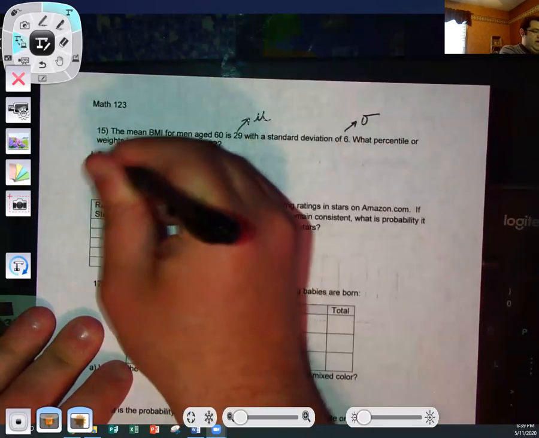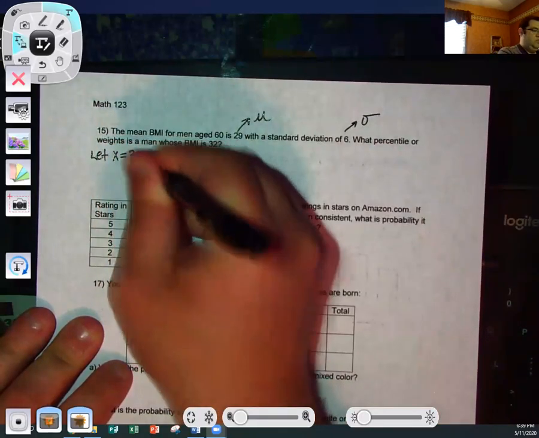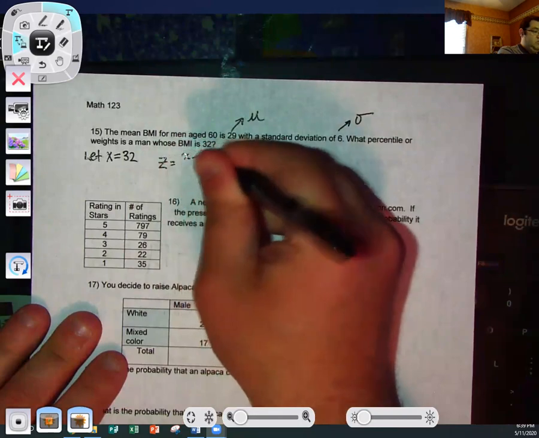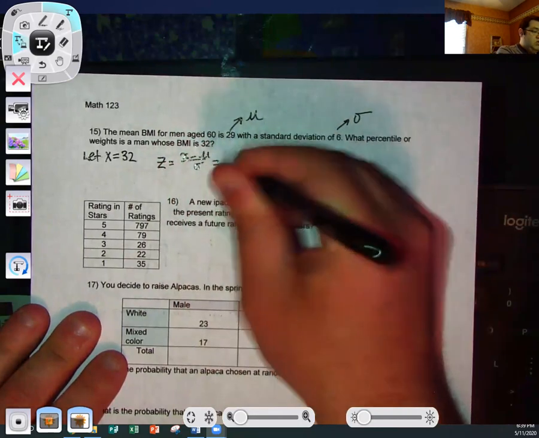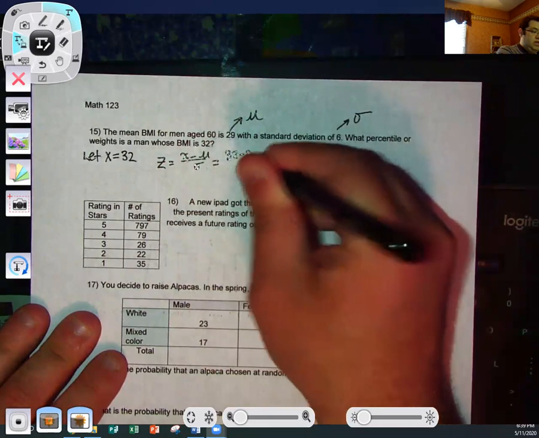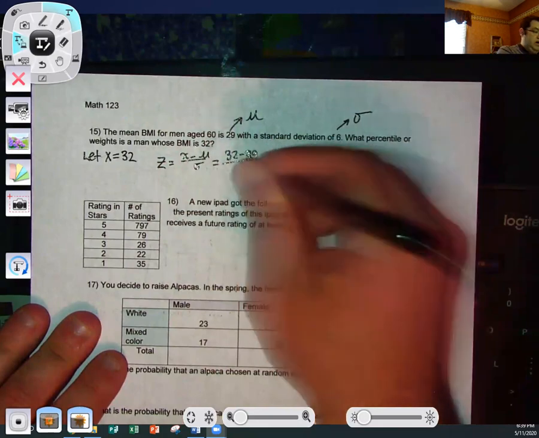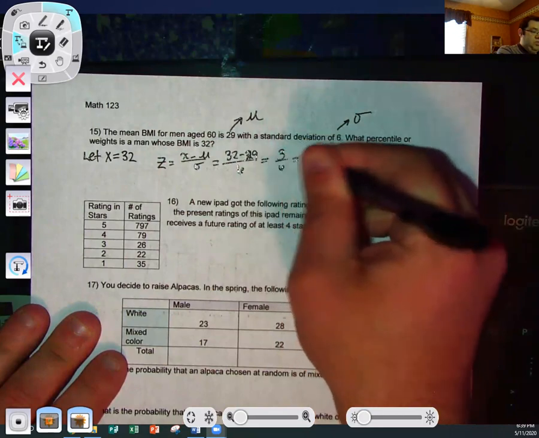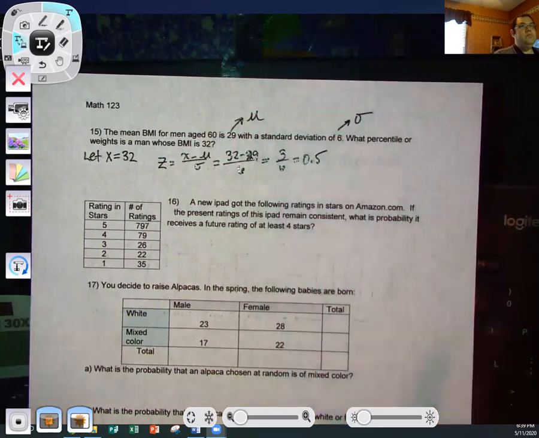So we're going to let x equal 32. So we have to calculate a z-score. So z equals x minus mu divided by sigma. We end up with 32 minus 29 divided by 6. That ends up being 3 divided by 6, which is 0.5.